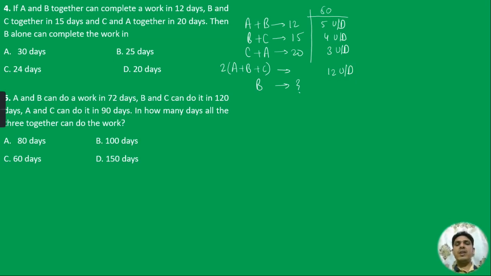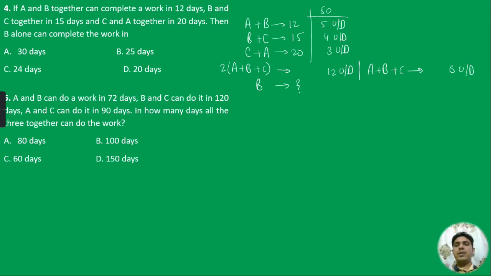If 2 units of ABC one day work is 12 units per day, then 1 unit of ABC will be 12 divided by 2, that is 6 units per day.